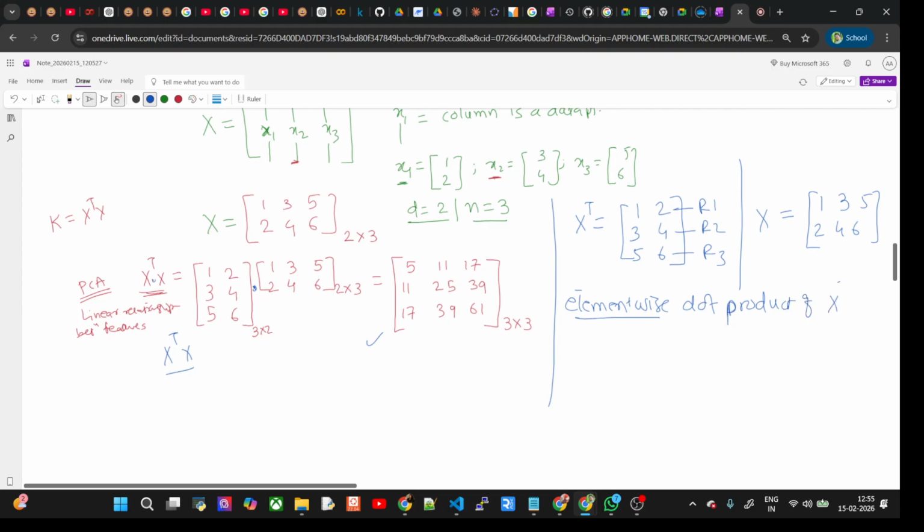Of X transpose X, how does this look? Your row 1 of X transpose is 1 comma 2, and the next is X, because you need to multiply X transpose into X. So you take 1 2 with 1 2, and you get 5.